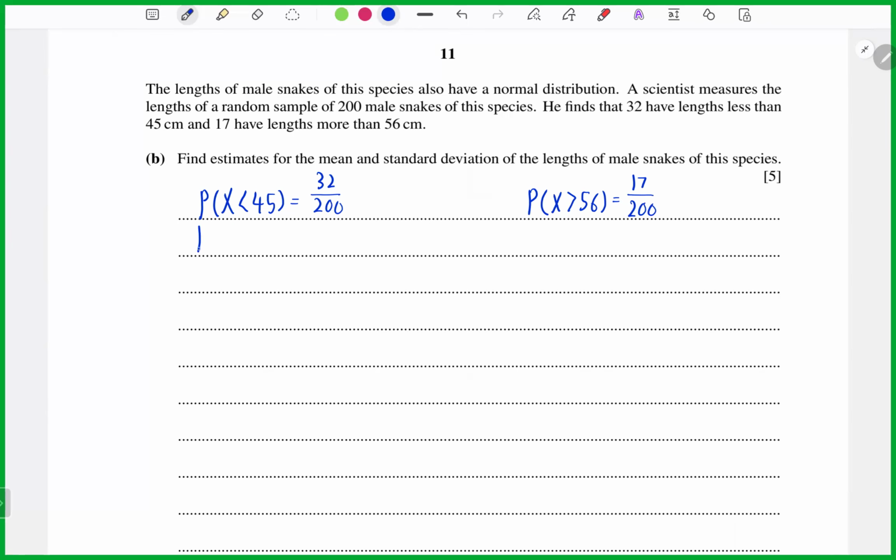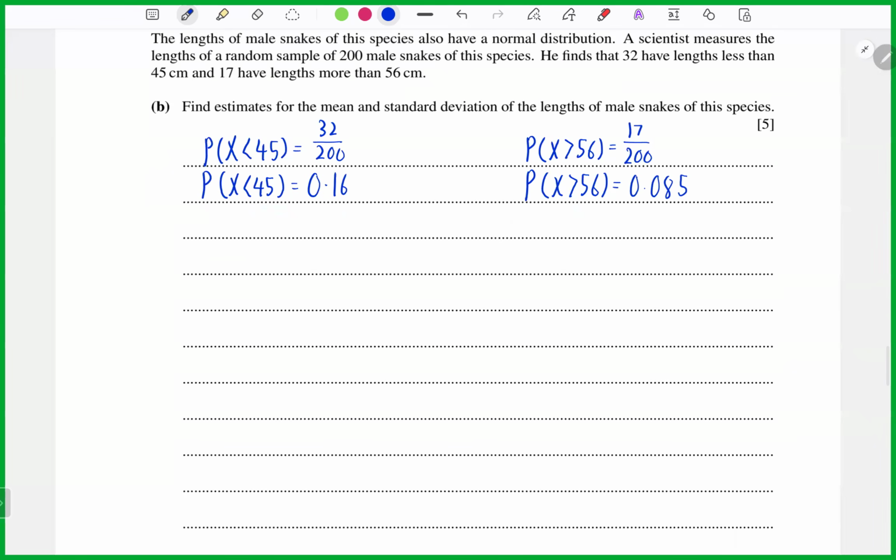So P(x less than 45) equals 0.16, and the other is 0.085. Now you can change from the normal variable to the standard normal. So (45 minus mu) divided by standard deviation, 0.16 right here.